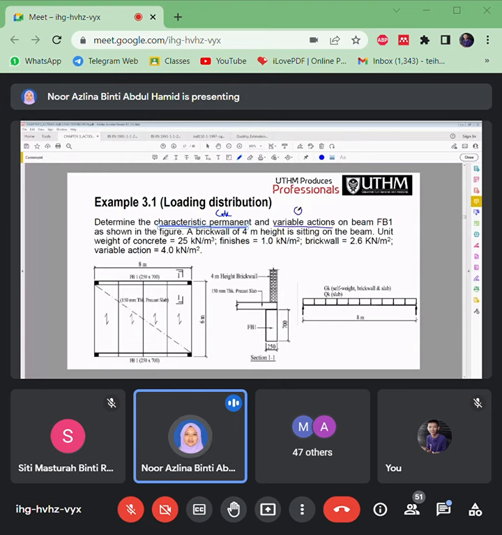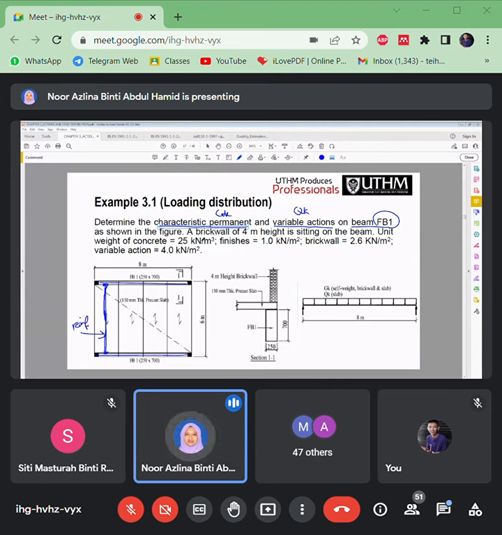So you also need to calculate the QK on beam FB1. Which one beam FB1? This is the FB1. This one also FB1. If you look at here, it's only two sides that have a beam. So supposedly the directions, the reinforcement should be from beam to beam. Okay, from beam to beam for the reinforcement arrangement.